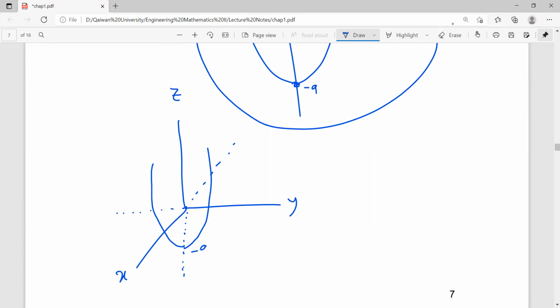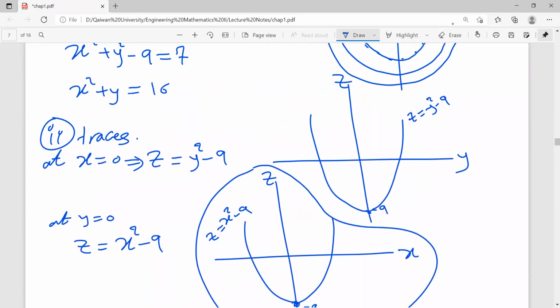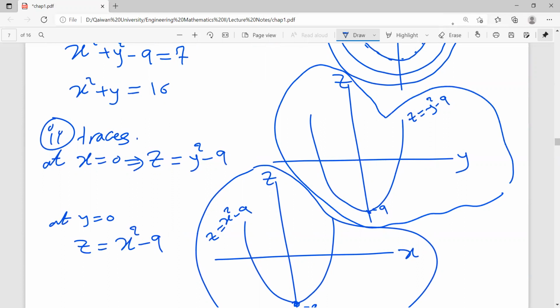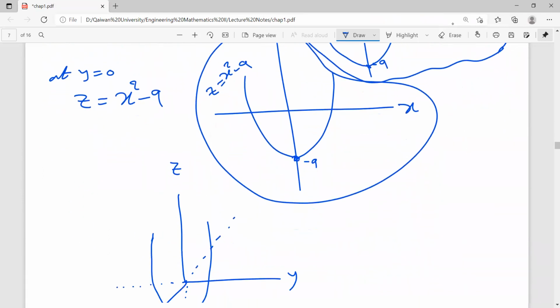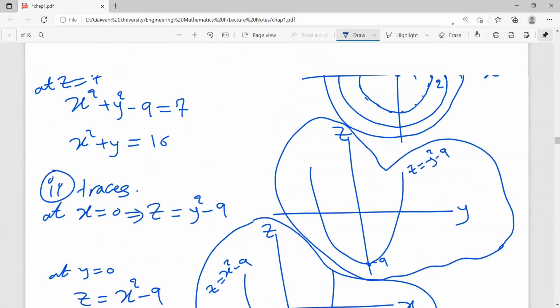Let's say this is -9. Then the other one is between y and z. This part does not appear here. This is the other part, it's in the back.